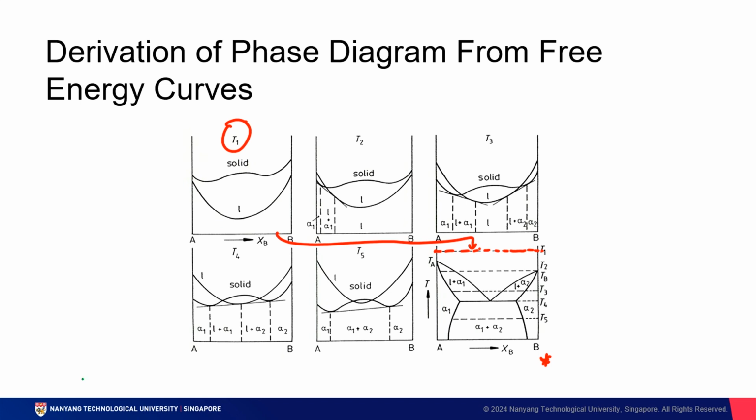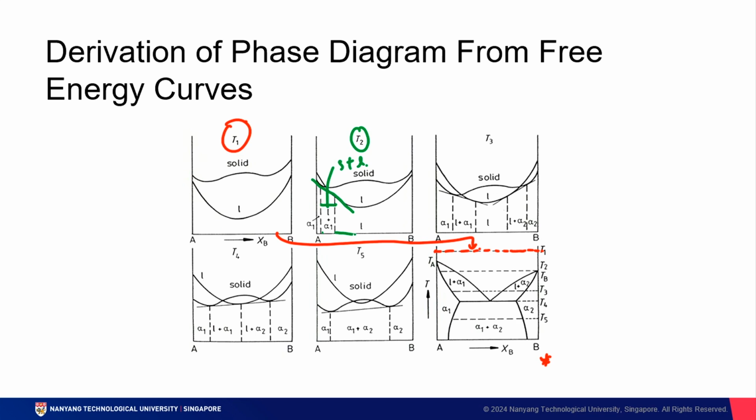T2 is slightly more interesting. Here at T2, notice we can draw a tangent between the minima of both the solid and liquid phase. That means that in this regime, solid and liquid can coexist.